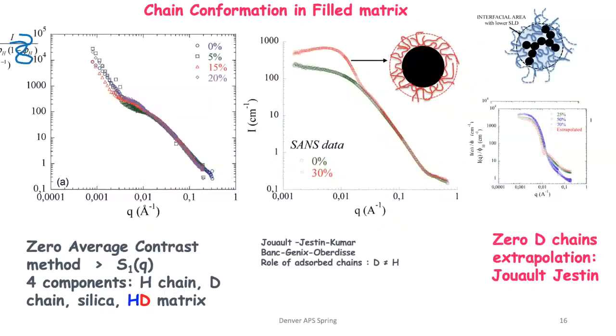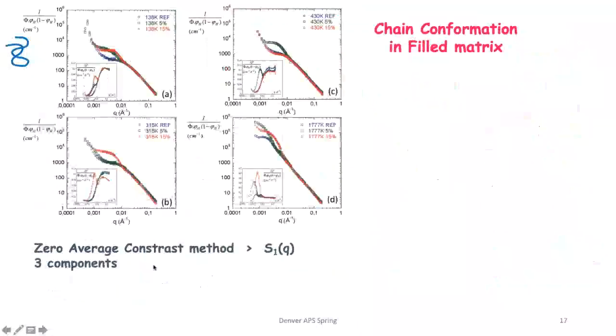So altogether, there is a kind of agreement on the fact that neutron scattering can allow us to see the chain conformation at large Q, and shows that it is actually not perturbed very much by the fillers. Meanwhile, at low Q, there are some complications due to the imbalance of the normal chains and the deuterated chains around the particles. And I wanted to show you this case before finishing on that.